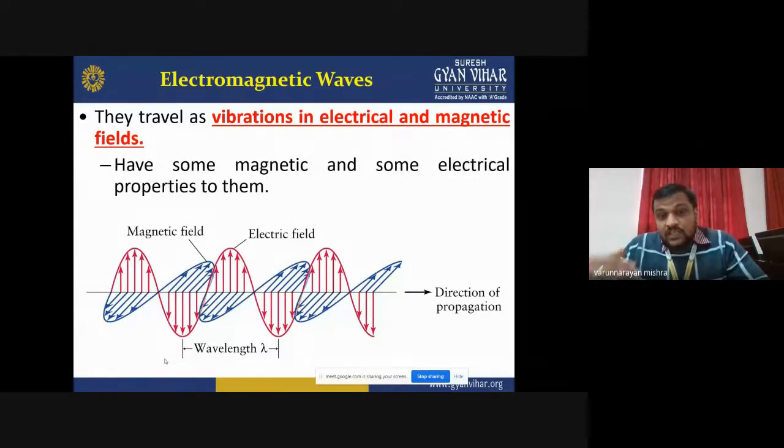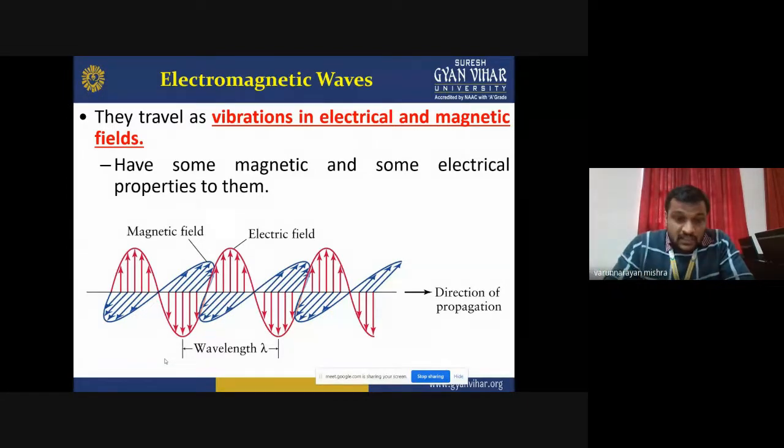So when they move, there may be production of a magnetic field. So there are two components of any electromagnetic wave: the electric field and the magnetic field. And because of its propagation in the direction of the energy transfer, it travels with the speed of light, and that is the fastest entity in the universe.